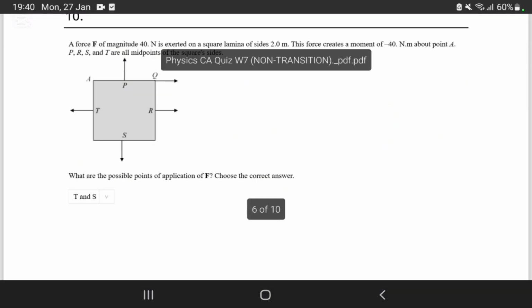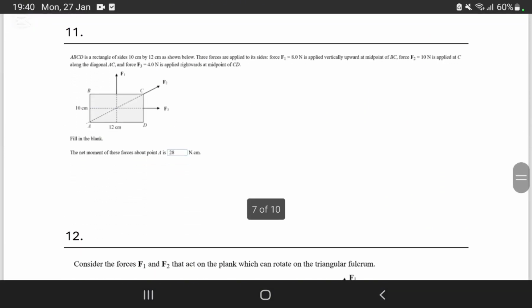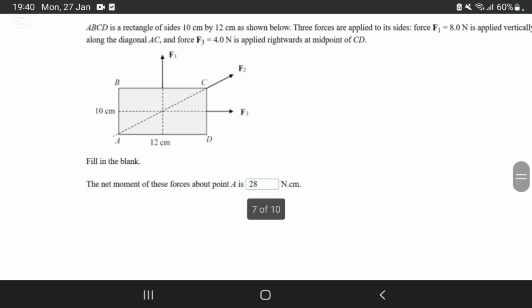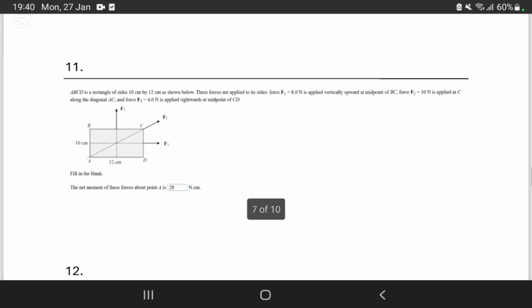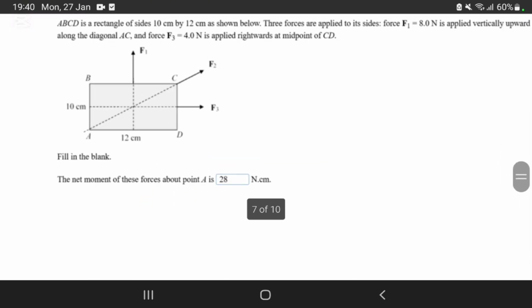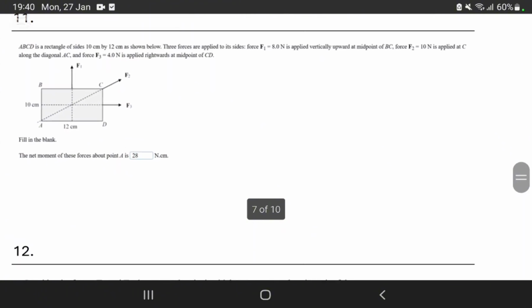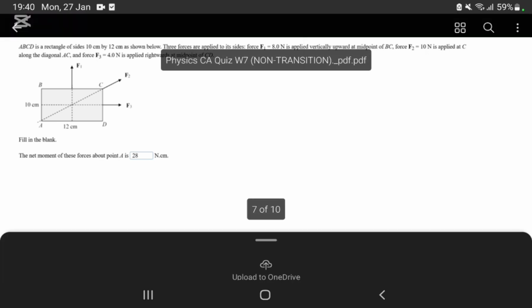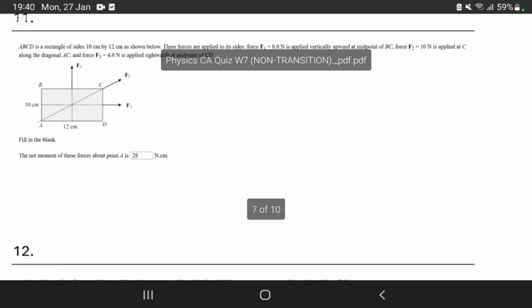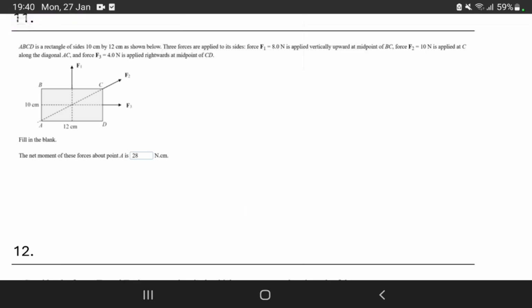Okay, number 11. The net moment of these forces. ABCD is a rectangle of sides 10 centimeters and 12 centimeters as shown below. Three forces are applied to its sides.